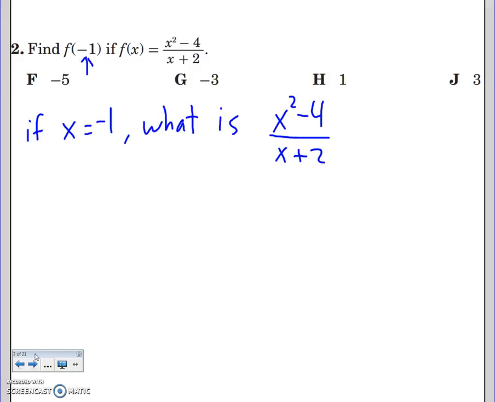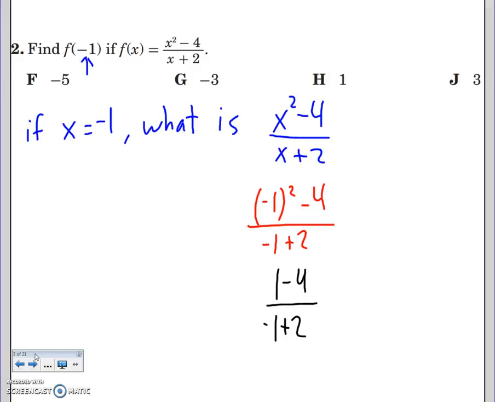So if I plug in -1, I see -1 squared minus 4 over -1 plus 2. Exponents first. -1 squared is +1 minus 4 over -1 plus 2. And I'm going to go sideways now. 1 minus 4 is -3. -1 plus 2 is +1. That just makes -3. Answer here is G.